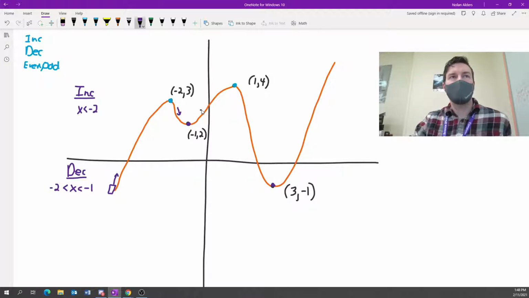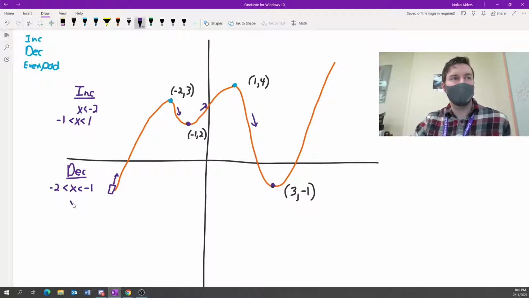And then we turn again and start going uphill. On this uphill part, we're increasing. So we could write underneath the increasings, x is in between -1 and 1. So in between -1 and 1, we're increasing. And then we start going downhill again.